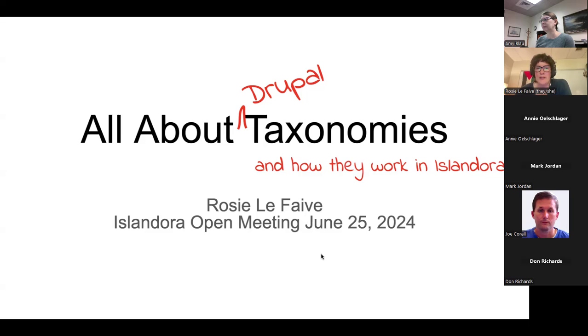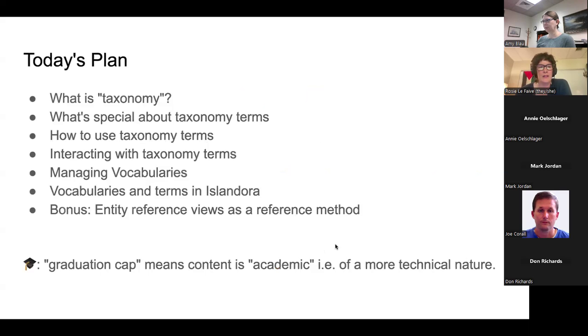So this is going to be starting from the very basics and going up to what I think are the latest things that I've learned about taxonomies and using them in Islandora. So our plan for the day is to talk about what is taxonomy, how taxonomy terms are special, what we do when we're using taxonomy terms, how we interact with them, a bit of a more administrative thing, how you manage vocabularies, how vocabularies and terms work in Islandora.